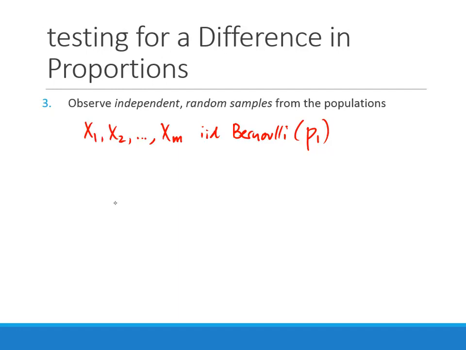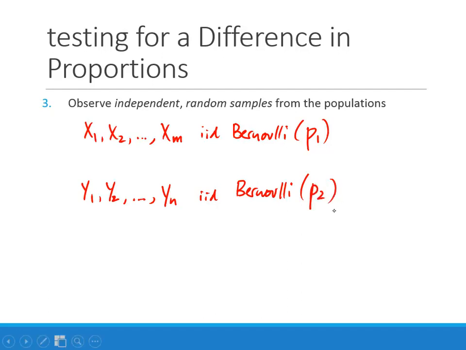And then we'll also have a sample of y's here, y1, y2, all the way up to yn, which will be IID Bernoulli, but with a different success probability there. And these will all be independent of each other.